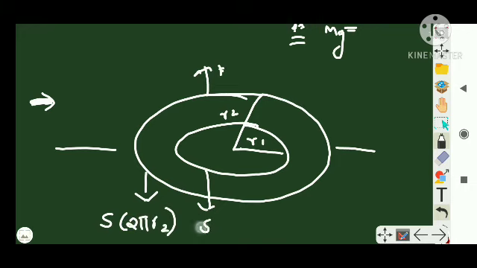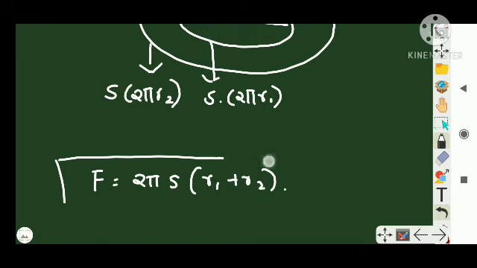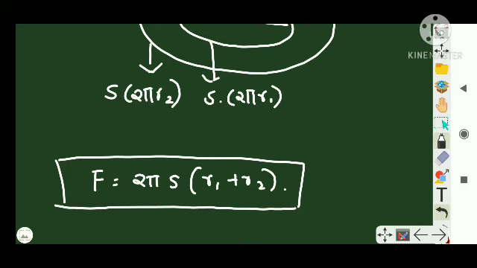And this one will have S into L, where in place of L I write the circumference, 2 pi r1. So the above force F is equal to S into 2 pi, or as a general formula, 2 pi S into (r1 plus r2). I have not included the weight because the ring's weight is negligibly small.